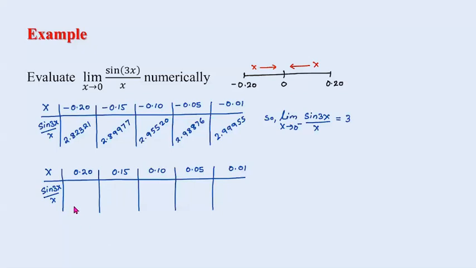Now I've created the table to find the limit when x approaches 0 from the right. I'm starting at 0.20, then getting closer to 0: 0.15 here, 0.10, 0.05, and 0.01. Like in the previous table, we have to plug in different values of x and then find the value of the function at these different values.